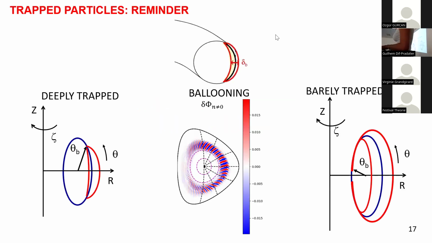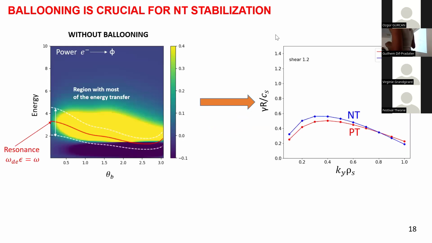What we learned on physics here: we learned from this model that ballooning is crucial for stabilization in negative triangularity.